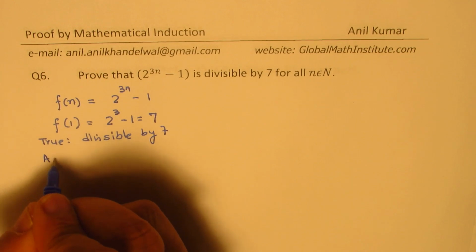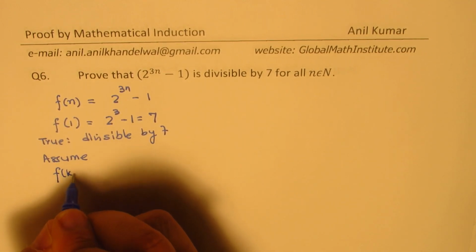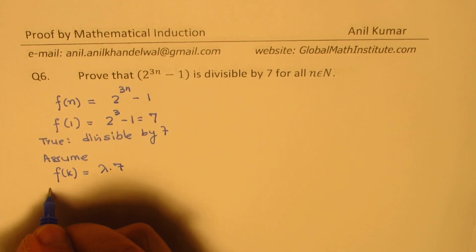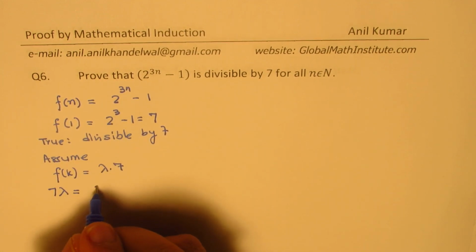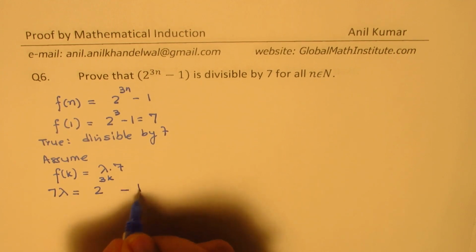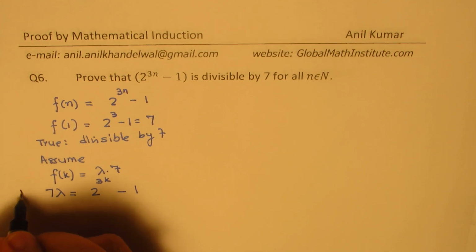So we'll assume that f of k is also divisible, so it is lambda times 7. So we'll write 7 lambda as equal to, writing k here, we get 2 to the power of 3k minus 1, correct? And we'll call this as our equation number 1.